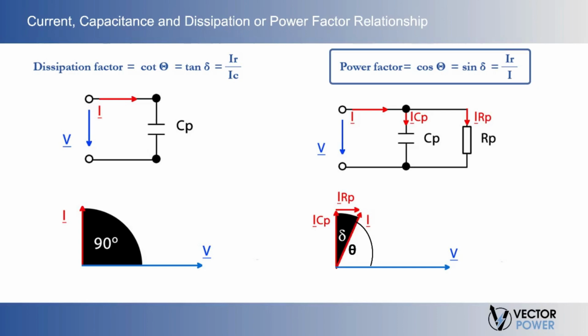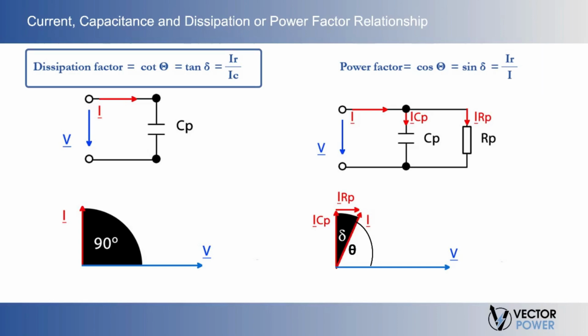Now, the power factor is defined as the cosine of angle theta, which also equals the sine of delta, which basically equals the resistive current divided by the total current.